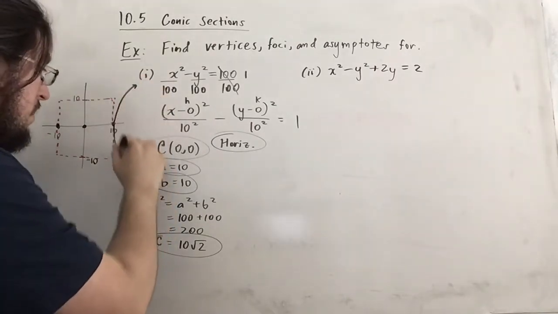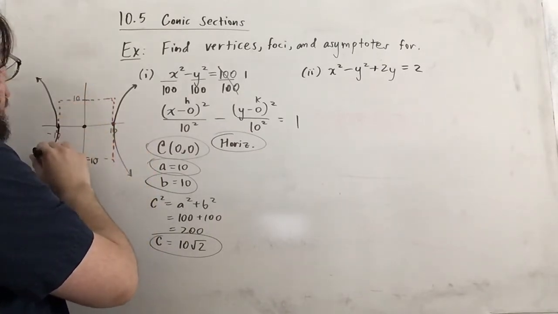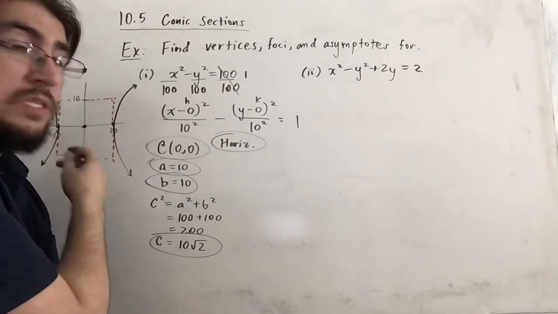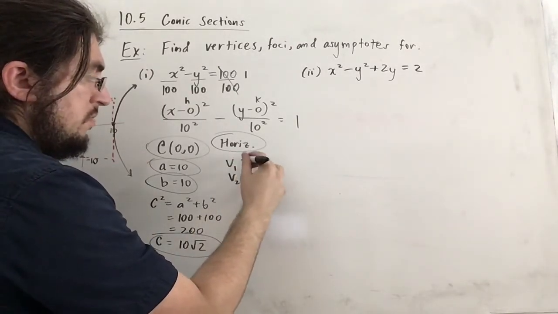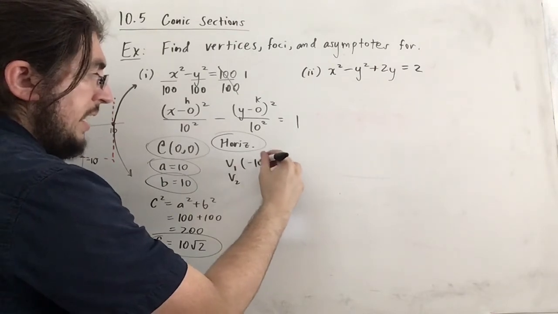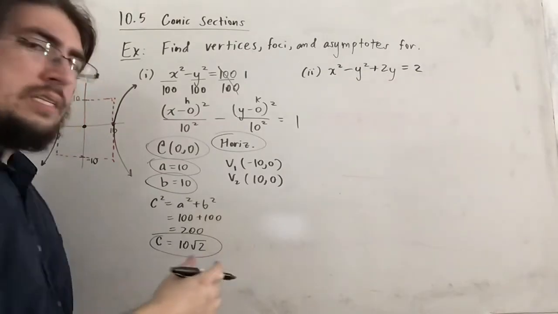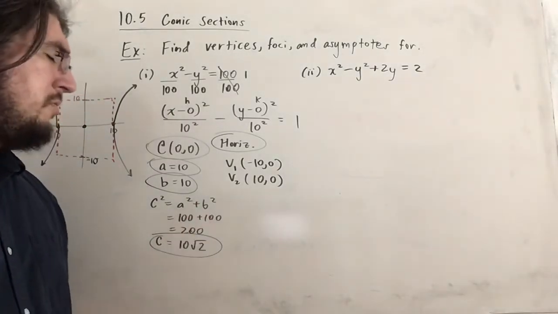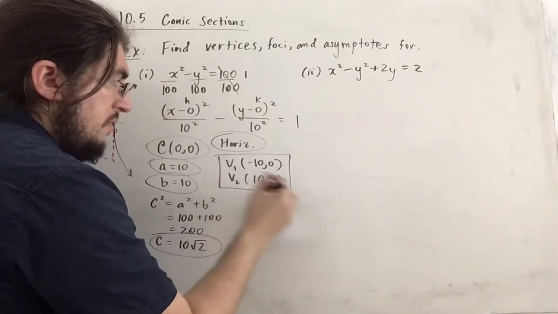So the hyperbola will look something like this. Right? And the vertices we can clearly tell are 10, 0 and negative 10, 0. So v1 and v2 are negative 10, 0 and 10, 0. By the way, some people write this all together as plus or minus 10, 0, which I'm kind of tempted to do, but you can do that if you want. But I'm just going to box these for the vertices.